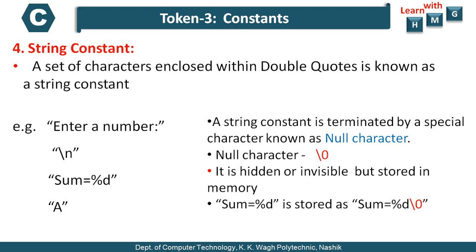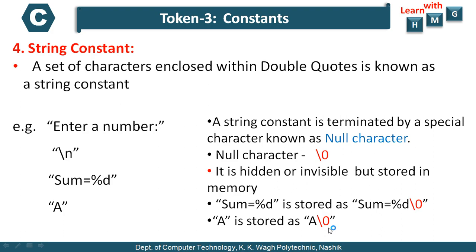So this string is ending with this backslash 0, which is indicated in red color, and that is the meaning of a string constant being terminated by a special character, the null character, backslash 0. Another example, suppose "a". So a is enclosed within double quotes, that is a string constant, and it will be stored in the memory as a backslash 0, that is a null character.